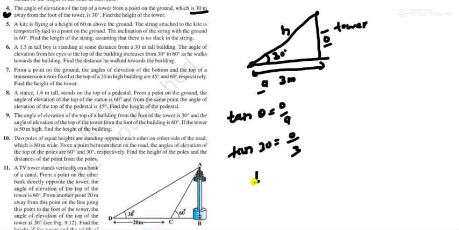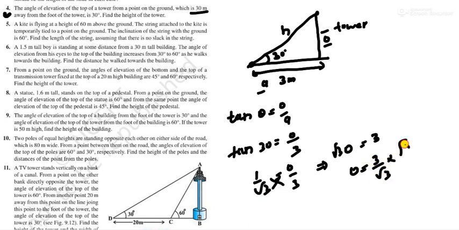What is tan 30? 1 by root 3, which is equal to O by 30. What will be O? Do the cross multiplication. So O into root 3 is root 3 O, which is equal to 30 into 1, 30. So O will be 30 by root 3. Again rationalize it.